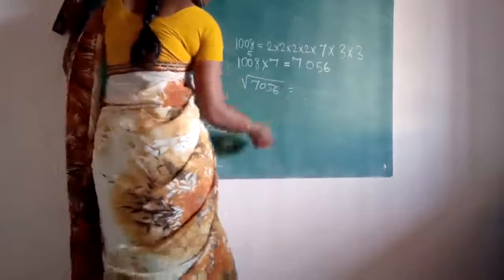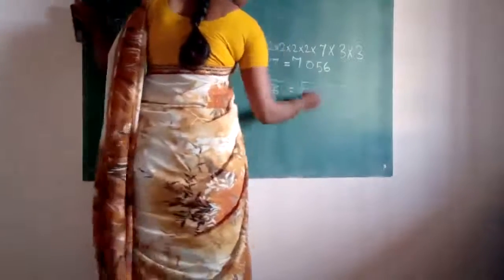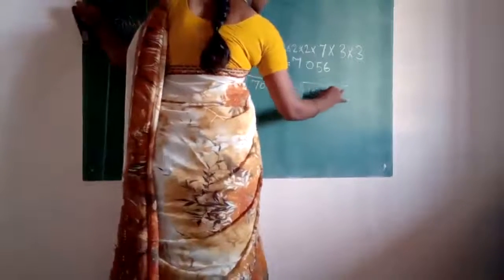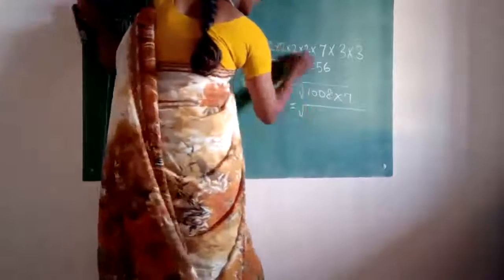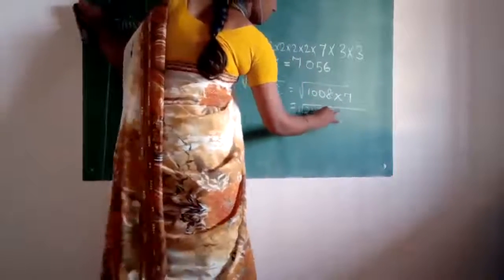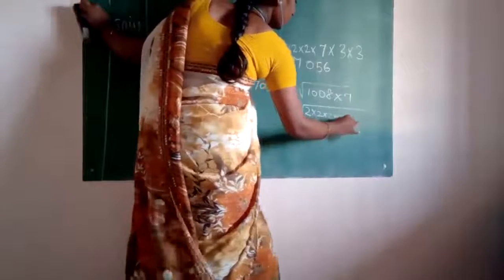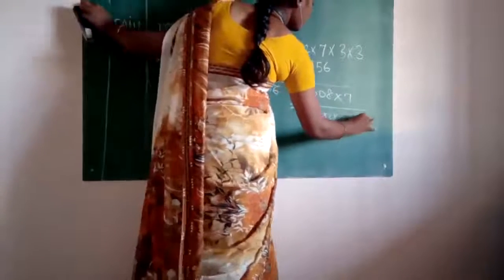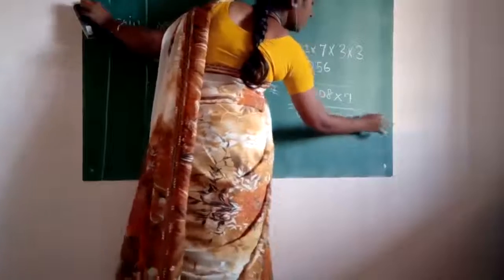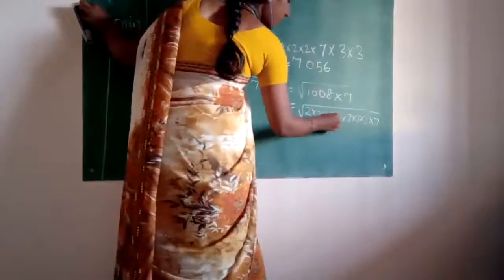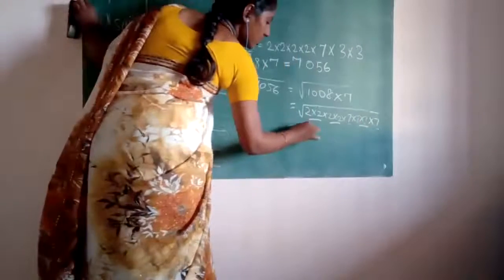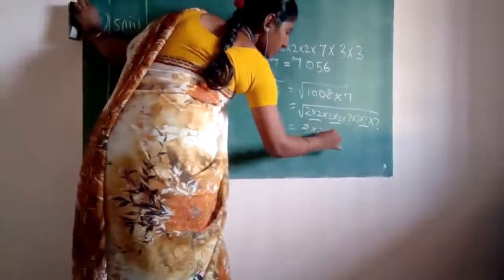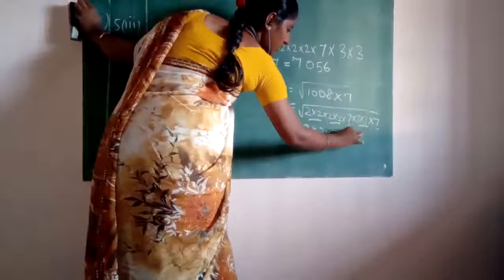So 7056 can be written as the square root of 1008 into 7. So this can be written as the square root of 2 into 2 into 2 into 2 into 7 into 3 into 3 and add this 7 also. Okay, so you have 2 into 2 into 2, 7s are there, so you can take 1 7 outside and 3.